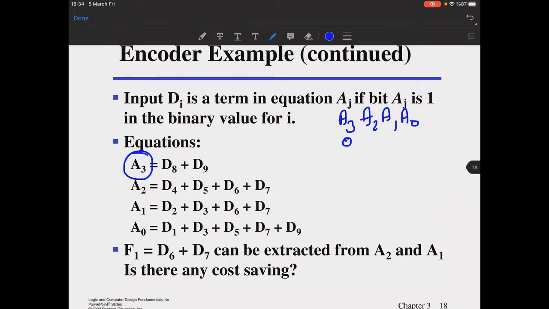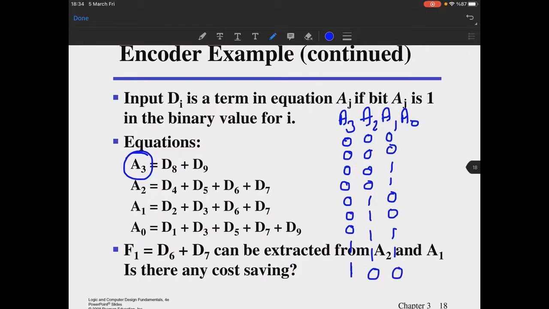You will have here 1, 2, 3, 4, 5, 6, 7, 8, and 9, right? And you will have here 1, 2, 3, 4.